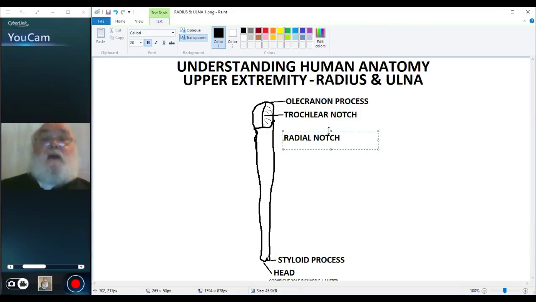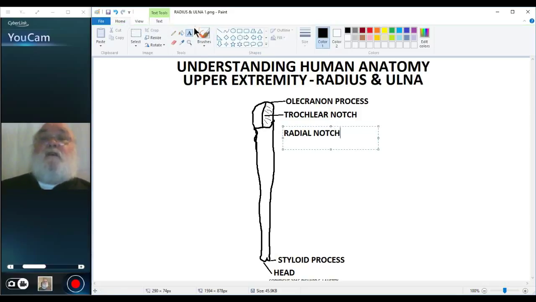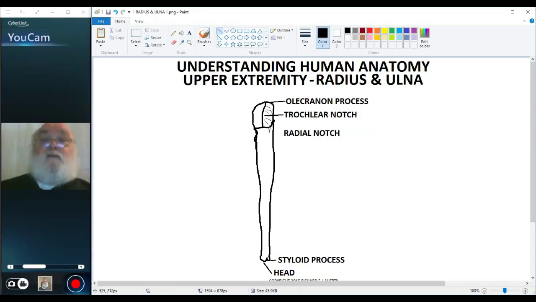And the radial notch is a shallow articular surface that articulates with the head of the radius. So the head of the radius sits in this tiny groove and rotates within there.